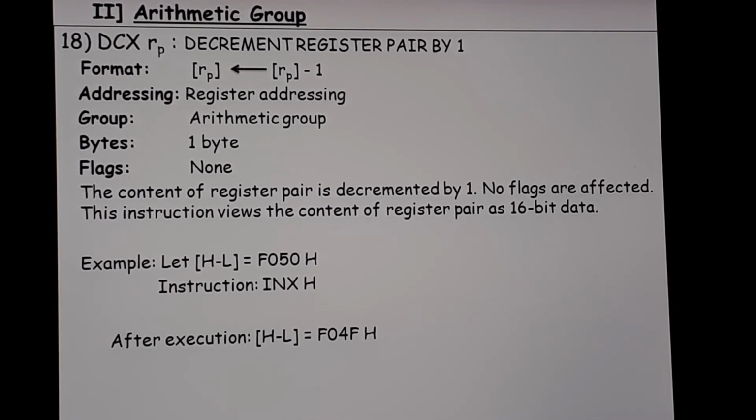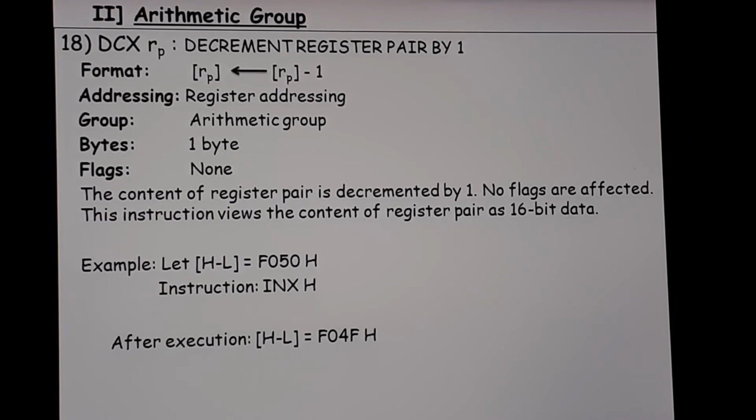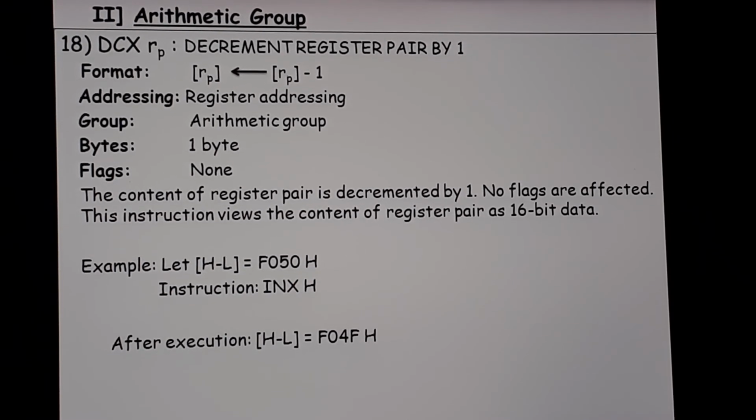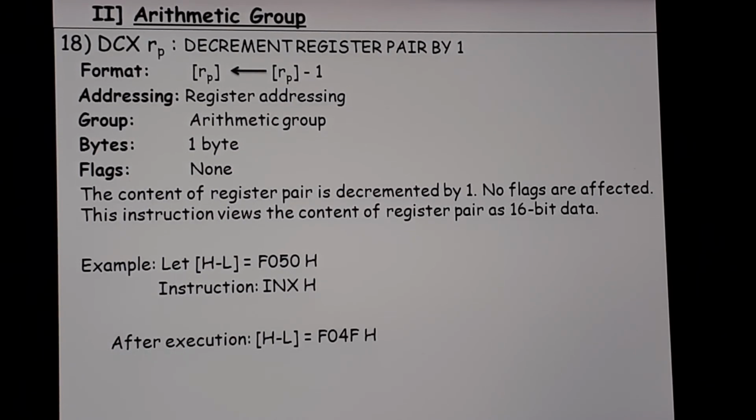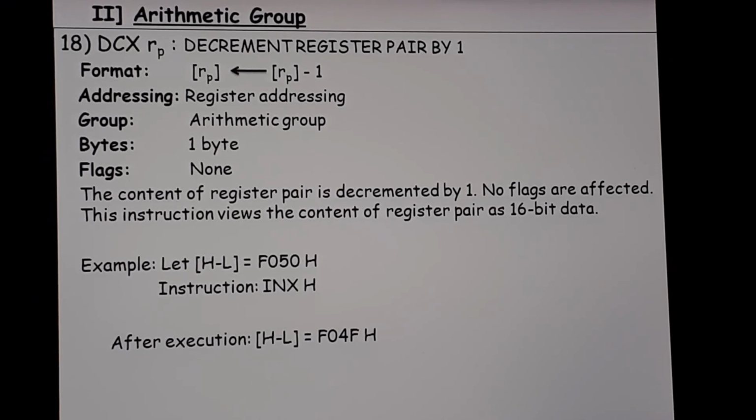F050 is a 16-bit number, correct? If you want to assume it as 8-bit, that also will be fine. If you want to assume some other number, say 3, then you will write that after executing this instruction the content of the HL register pair will be 2. Since I have taken only 16 bits, I have written the content also in 16 bits.